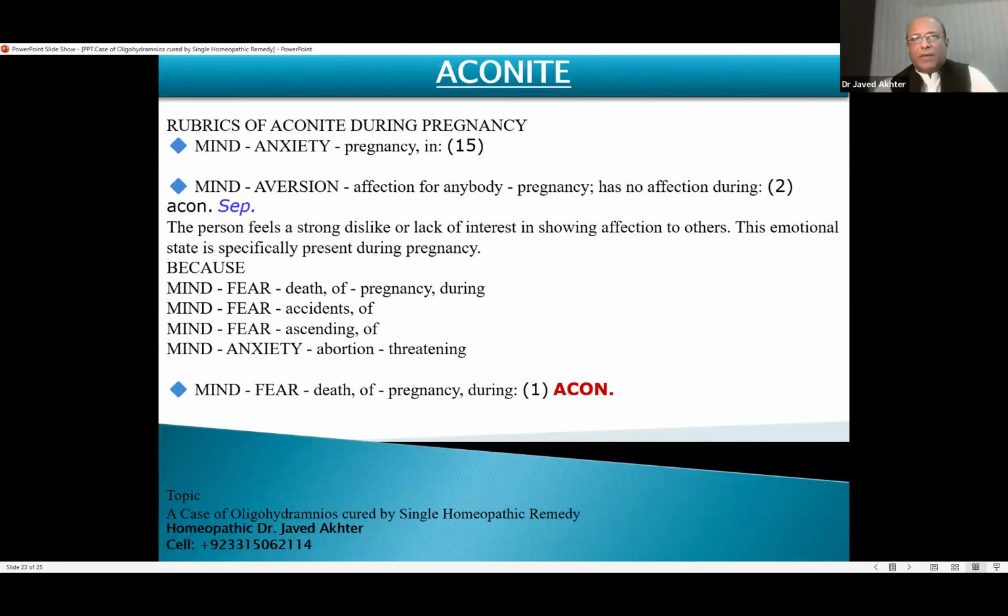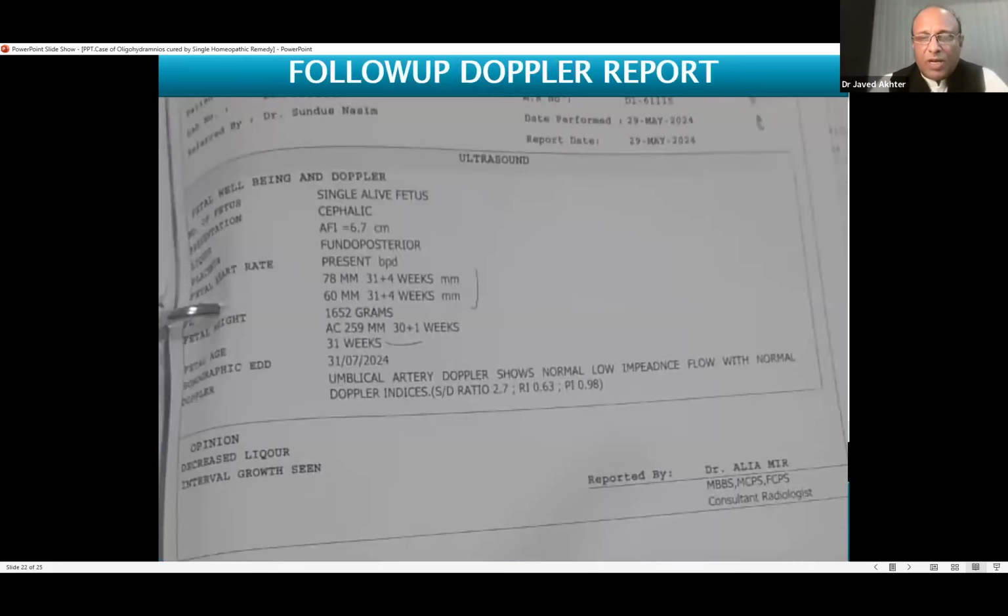Now, basically, you can see the work of the Aconite. If you analyze the patient, what is the patient saying and what happened over there?